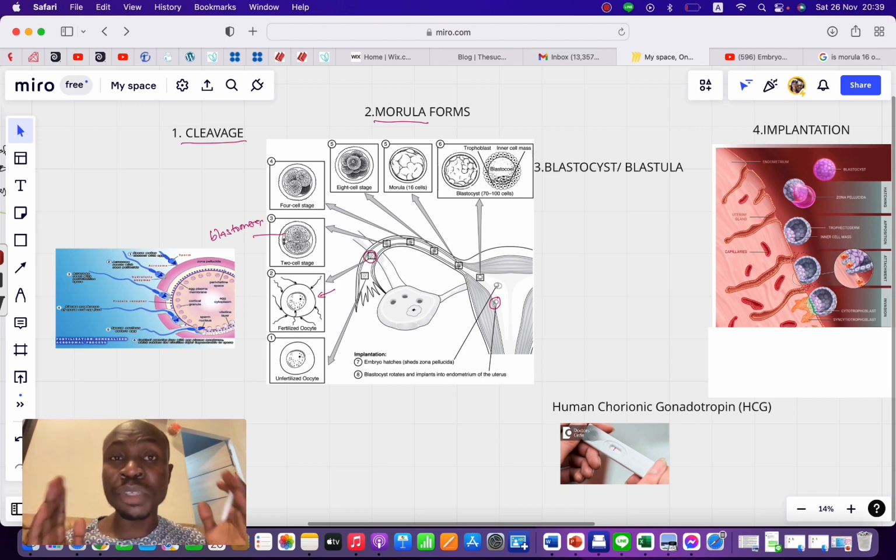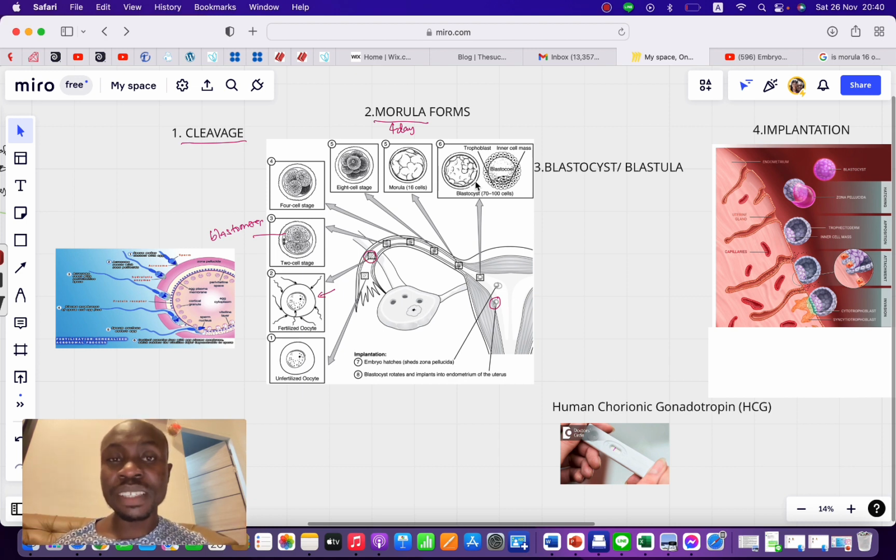Anything between that we can still call a morula. Now morula will be formed around day 4. So let's write that down. Around what day? About day 4.